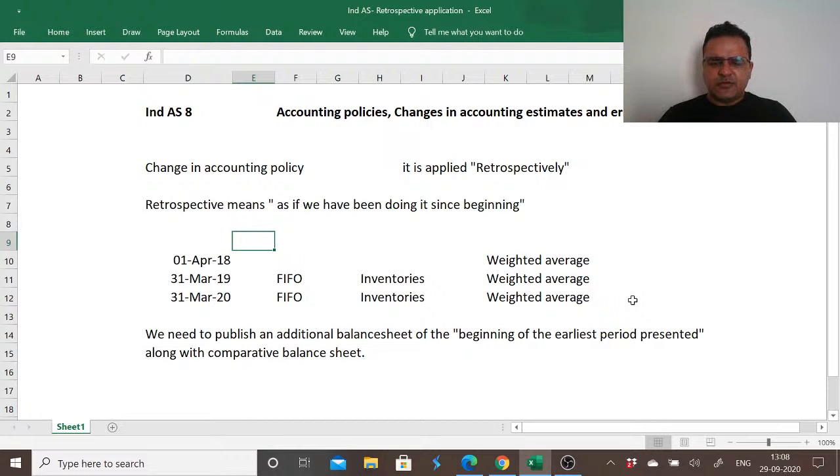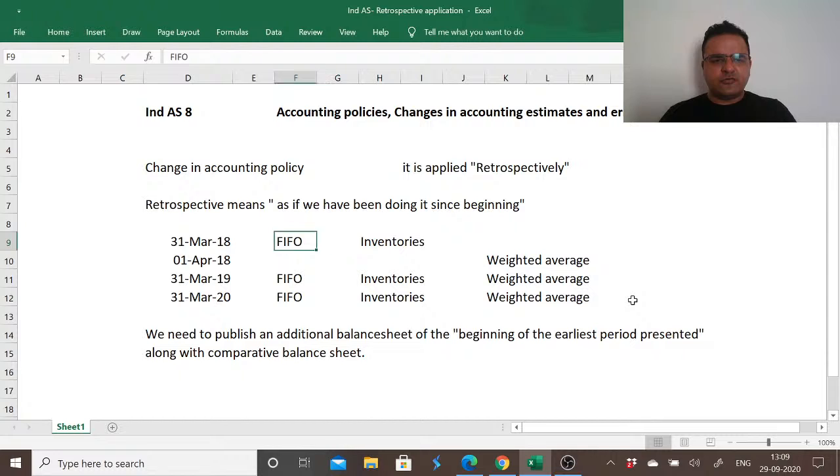So the previous financial statements which have been issued, suppose 31st March 2018 balance, which was published on FIFO basis till now, the valuation of inventories. This balance is changed to weighted average.